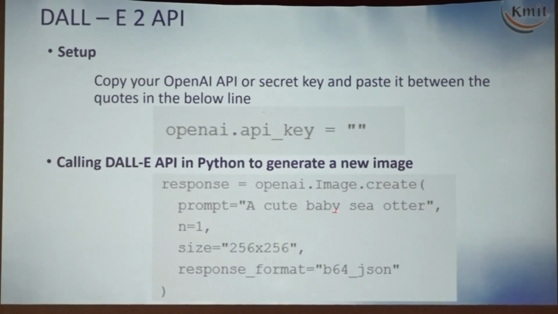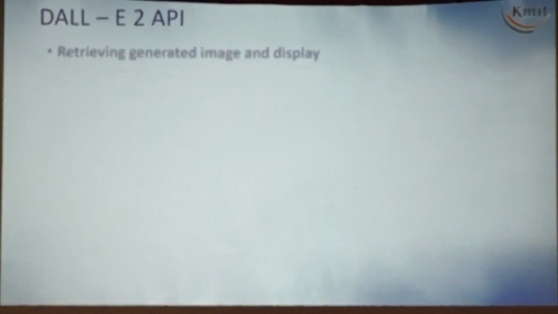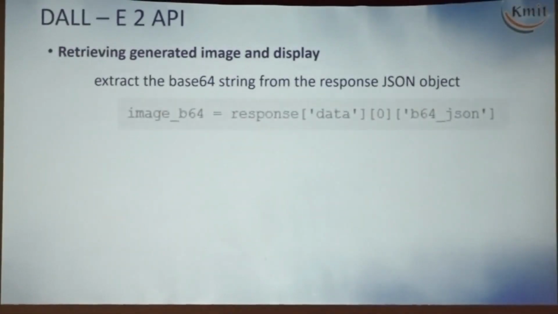In that we can give the prompt. The prompt is the sentence, and then we can give the size and so on, and finally we can retrieve the image. One image will be generated and given to your response object.